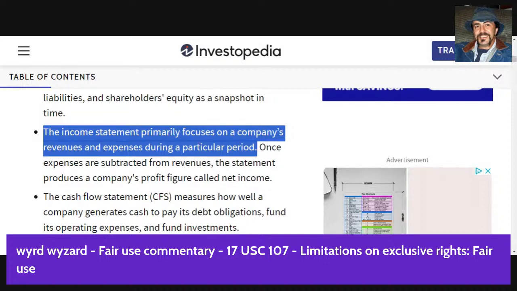Does the child, when they're at school, have a particular revenue and expenses during a particular period? How are they related to that income statement? How is it income if you don't have anything to invest? See, it takes an investment to have an income. And that means you have to take somebody else's monetary system and put it to use for the investment.